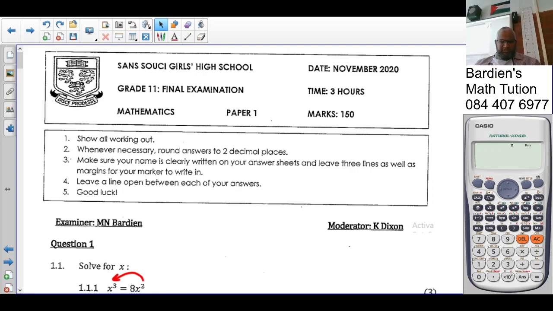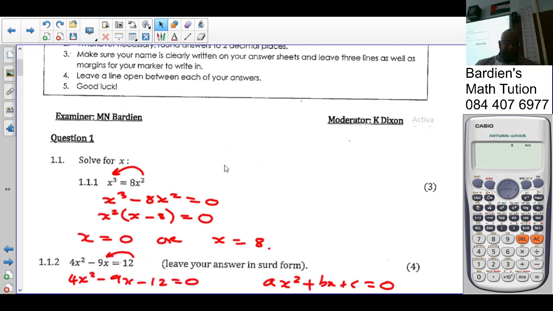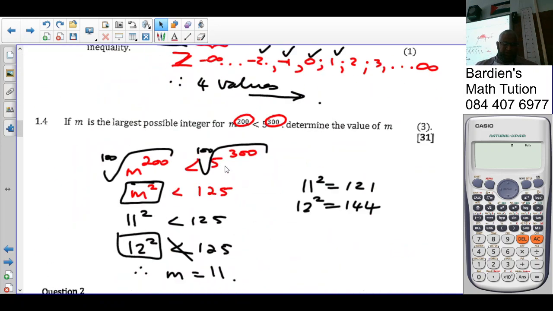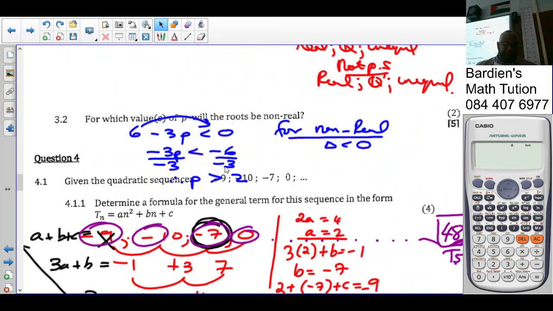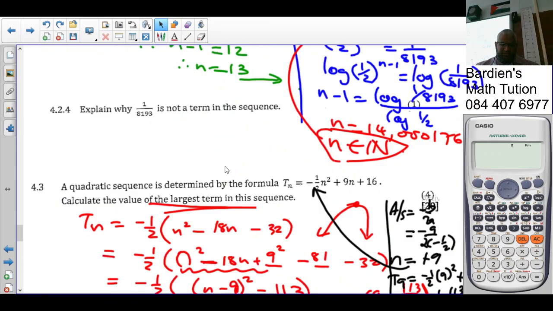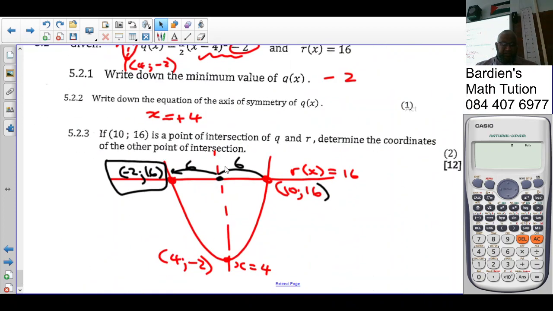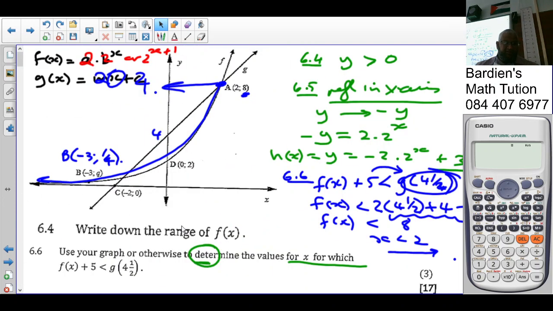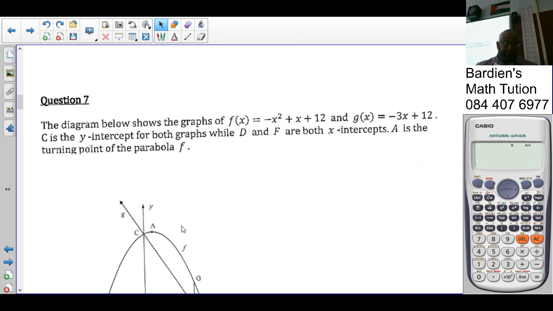Okay, good morning class. So today we're looking at the November 2020 paper. We started answering the questions. We got up until question 7. Let's go to 6. We answered 7.